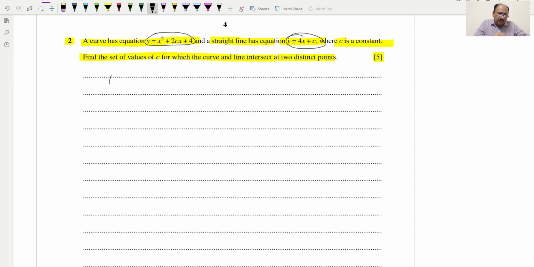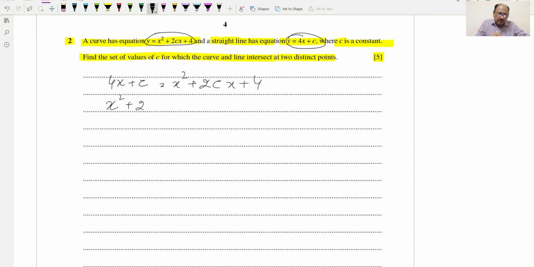We can write 4x plus c is equal to x squared plus 2cx plus 4, and we can shift everything to one side of the equality and form the quadratic equation.